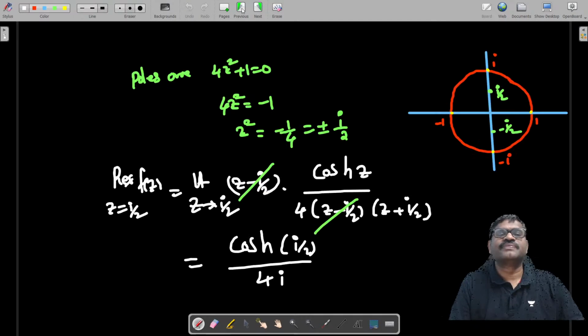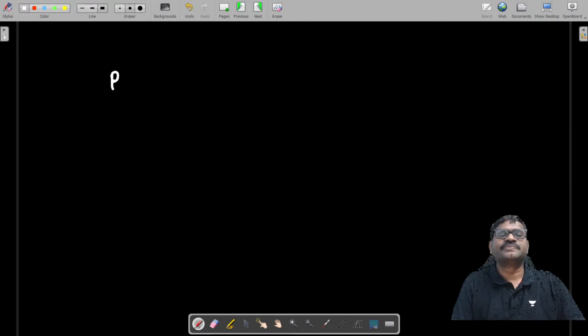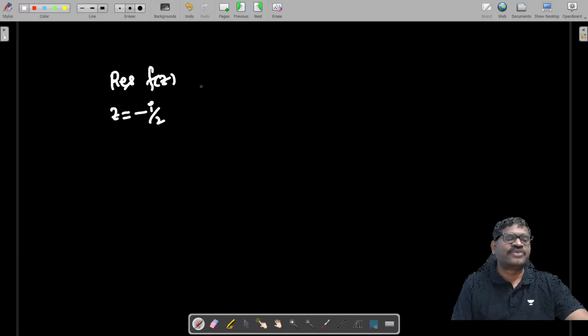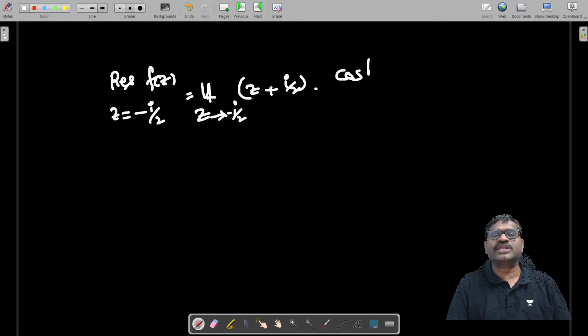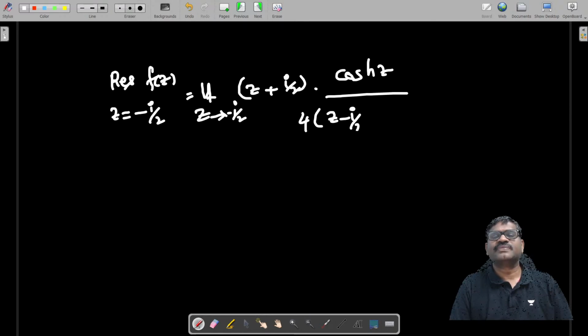Next, residue of f of z at z equal to minus I by 2. Limit z tends to minus I by 2 of z plus I by 2 into cos hz by 4 times z plus I by 2 into z minus I by 2. Z plus I by 2 cancels.